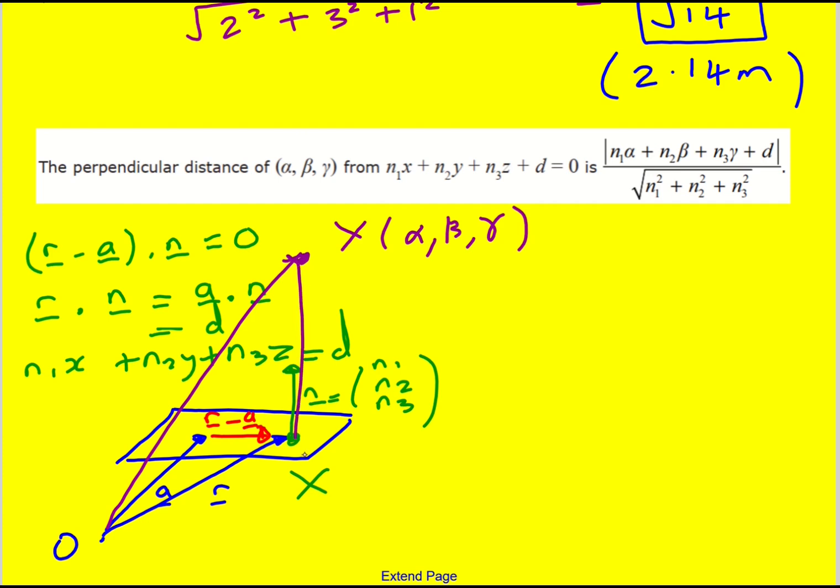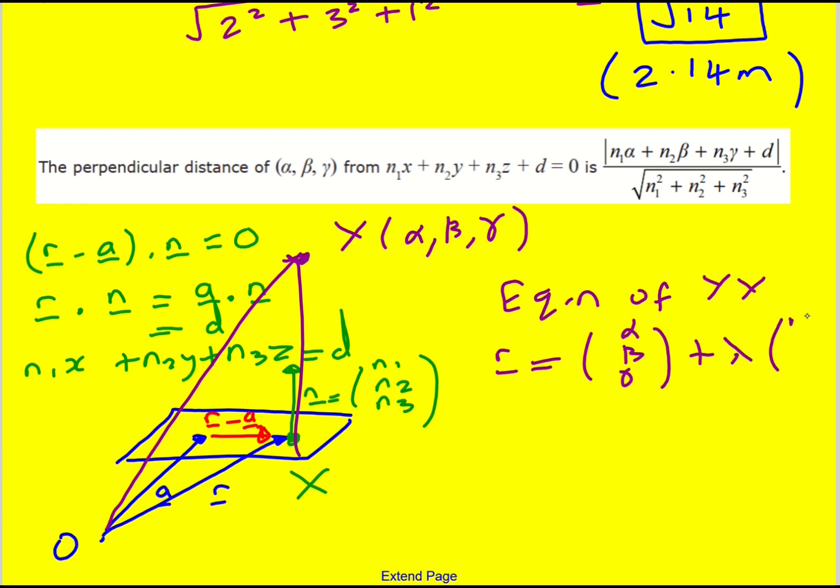So now I can write down the equation of the line YX, where I'm going to get onto the line using alpha, beta, gamma here, and then I'm going to be going along some multiple of the normal vector. And then I'm going to look at X. So at point X, I know that this is true and this is true.